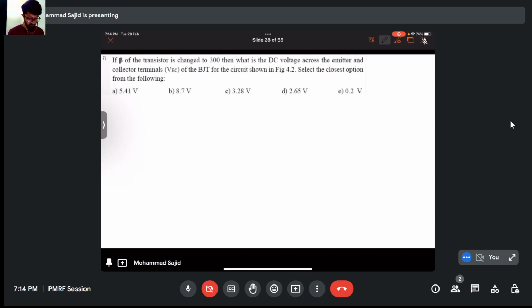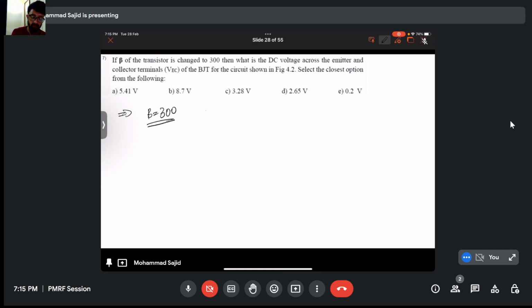Now, what does the next question say? One second. So the next question says, if you now change your beta to 300, what will happen?